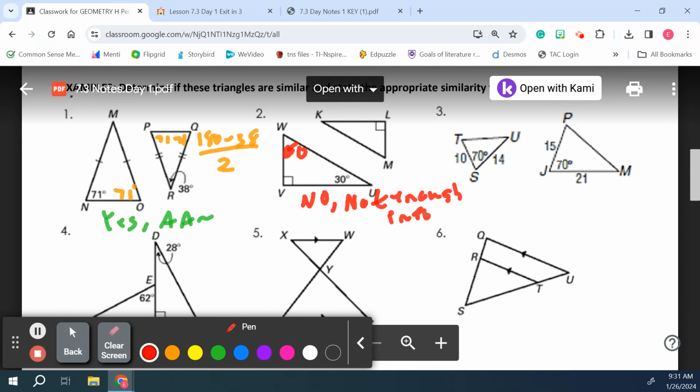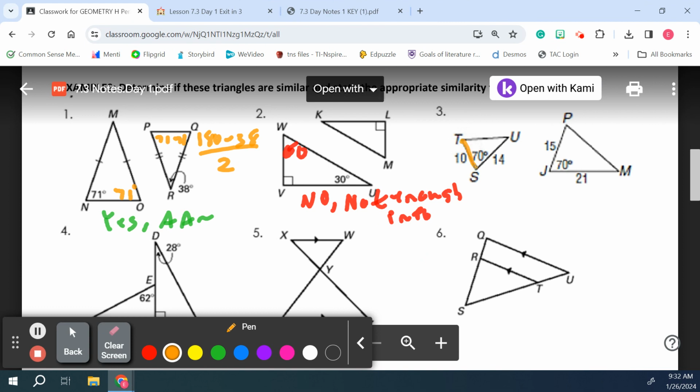Okay? All right, number 3. Now, we definitely have that congruent angle, which is great. But what I need to check is to see if those sides share that same ratio, right?